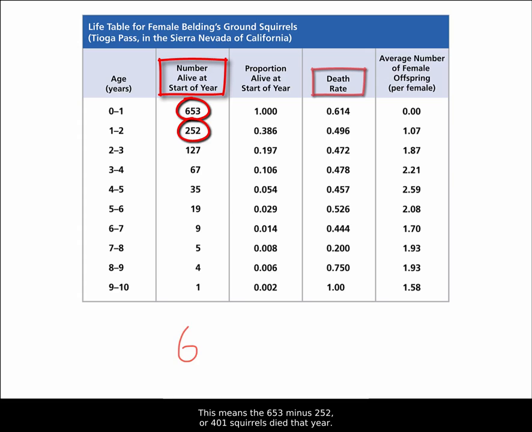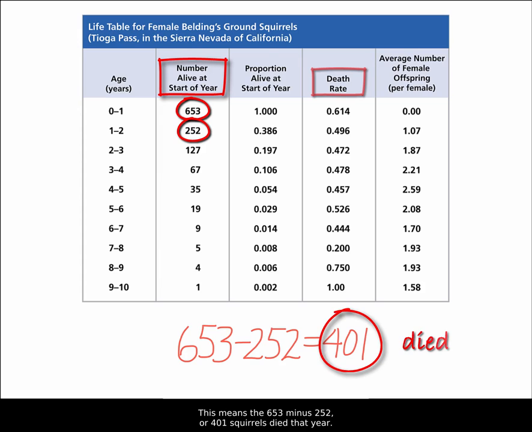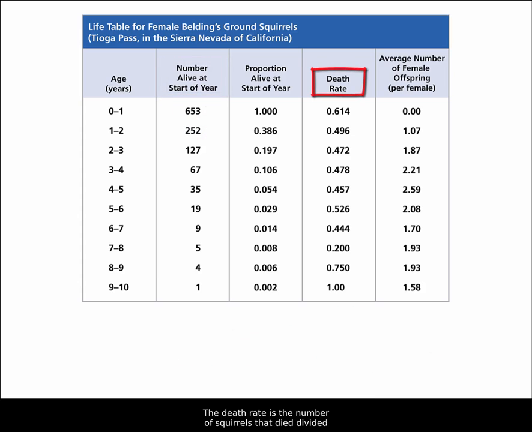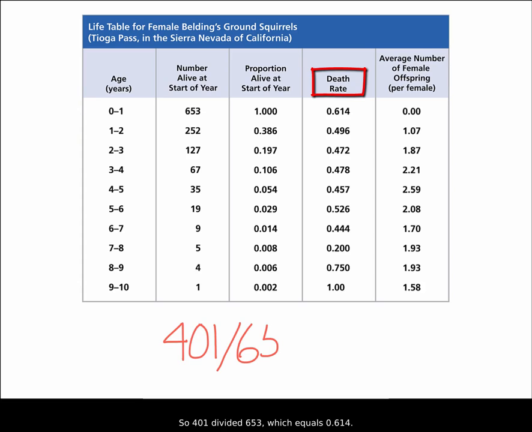This means that 653 minus 252, or 401 squirrels died that year. The death rate is the number of squirrels that died divided by the number alive at the start of the year, so 401 divided by 653, which equals 0.614.